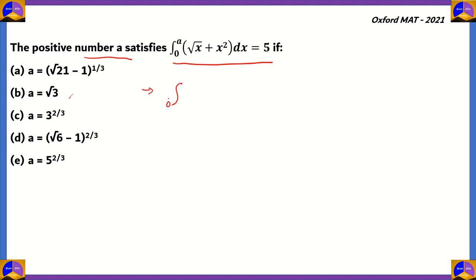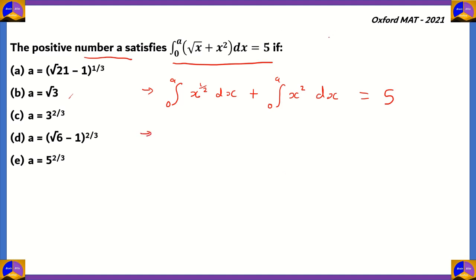So right now the equation would be integral 0 to a x raised to 1 by 2 dx plus integral 0 to a x squared dx, and the right hand side would still remain 5.